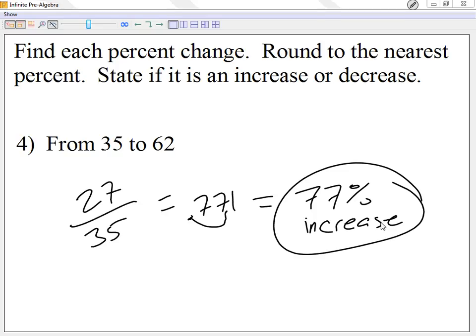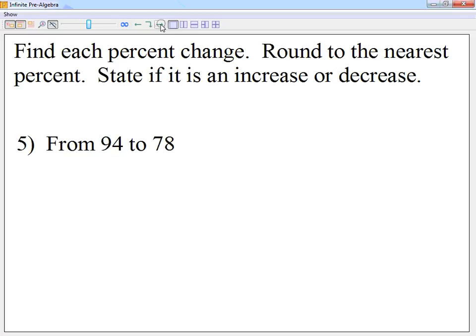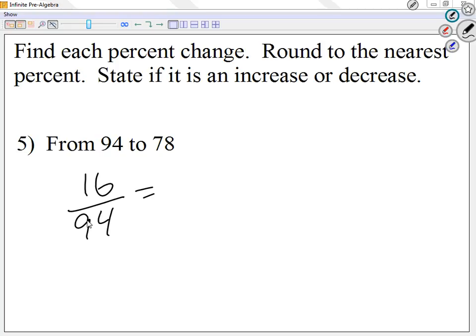All right. Any questions? No? 5? All right. Take a look at number 5. From 94 to 78, subtract your two numbers. 94 to 78 gives us 16. Now I'm going to divide this by the first price, which is 94.